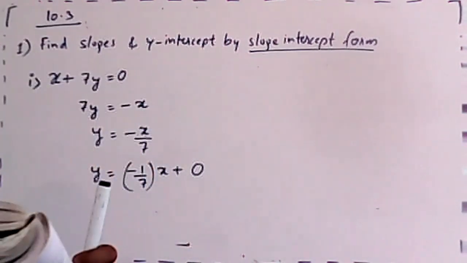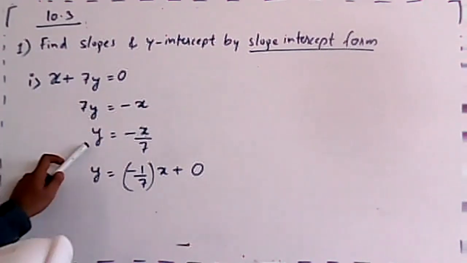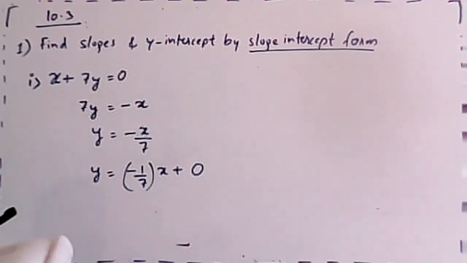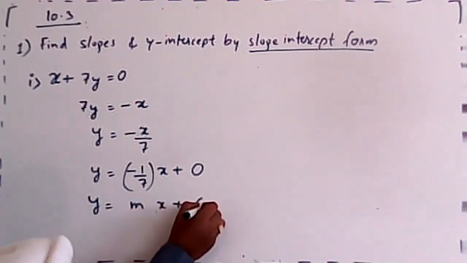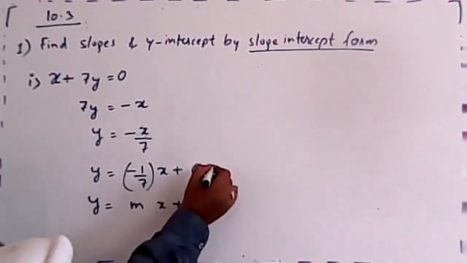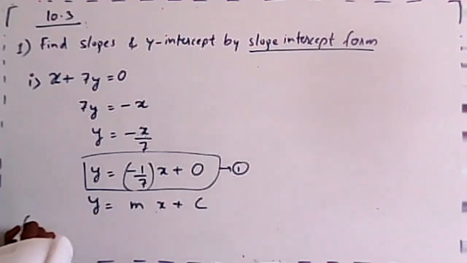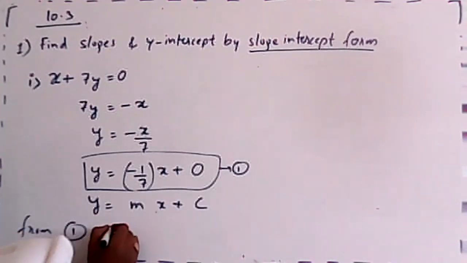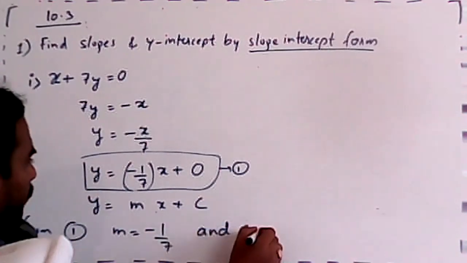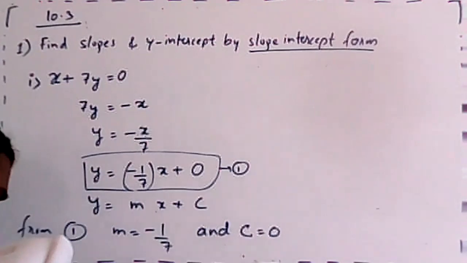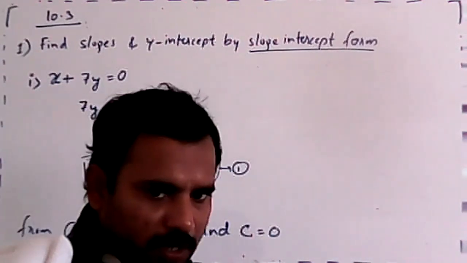They have given the question x plus 7y is equal to 0. Then I turned the given equation into y is equal to mx plus c. Let me call this 1. From 1, m is equal to minus 1 by 7, and c is equal to 0. c means the y-intercept.